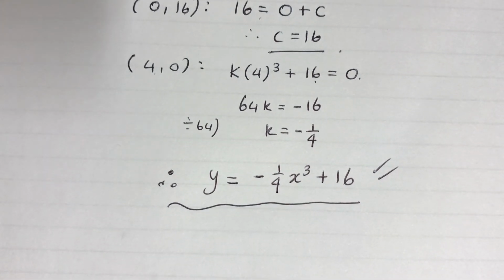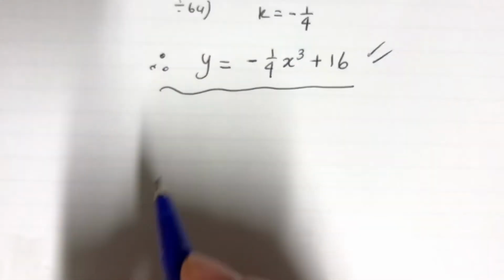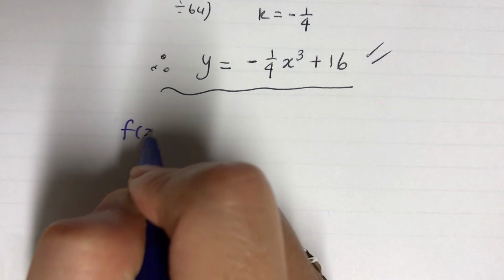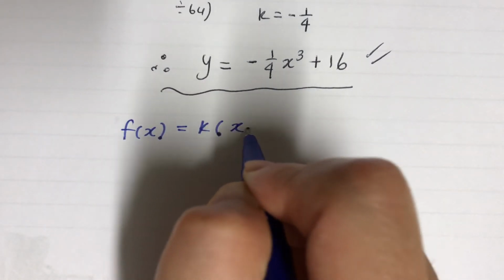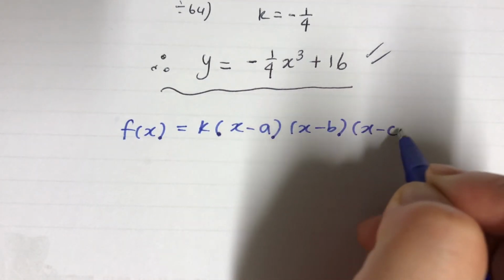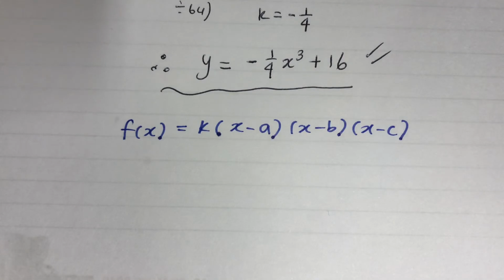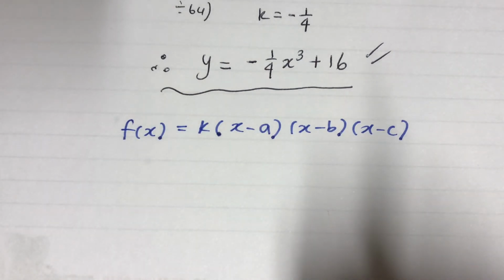Part B, find the equation of the cubic function. Now this is a little bit different, so I'm going to write it here. f of x equals k, x minus a, x minus b, x minus c. Now if it has x-intercepts, what is an x-intercept? An x-intercept means when y equals 0, isn't it?